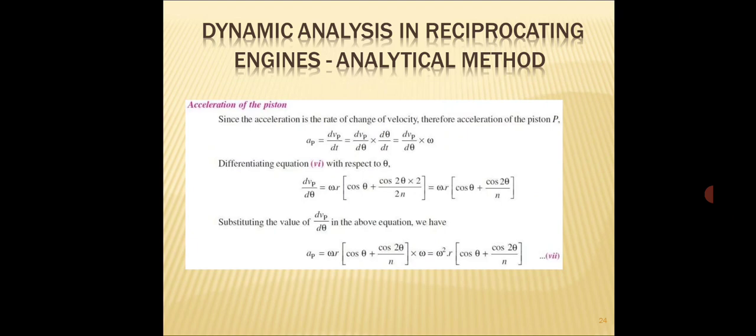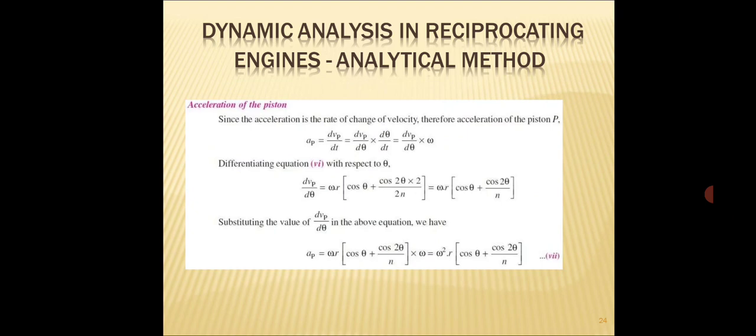Already we said that d theta by dt is the angular velocity, that means omega. So the above equation has to be differentiated. So dvp by d theta equals omega r into (cos theta plus 2 cos 2 theta divided by 2n). So we reframe this equation as omega into r (cos theta plus cos 2 theta divided by n).